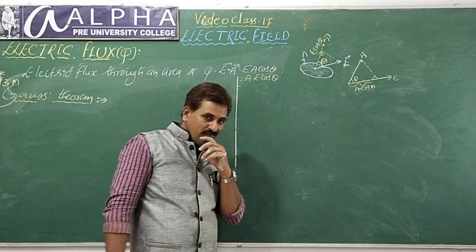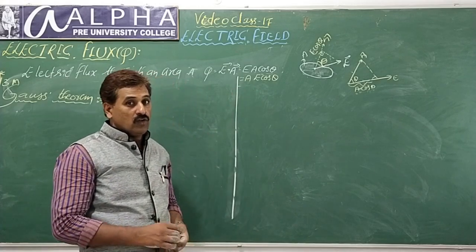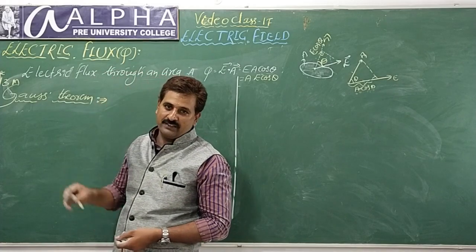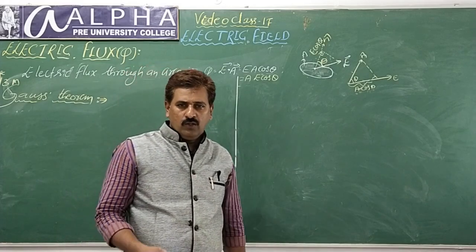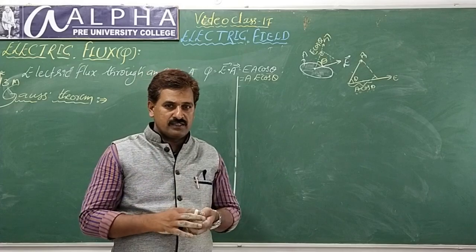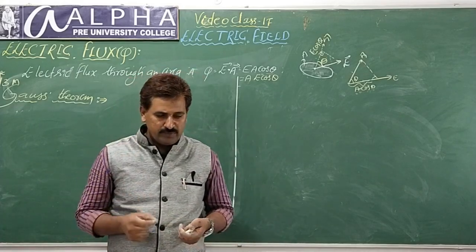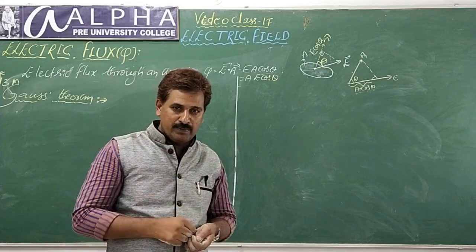Very simple. Now, why this idea? Because Gauss law involves such explanation. That is the flux concept. Why Gauss law, students? You already have a law which deals with force between two point charges, Coulomb's law. Then why this? The major limitation of Coulomb's law is that it is applicable only for point stationary charge. Point charge is very important.